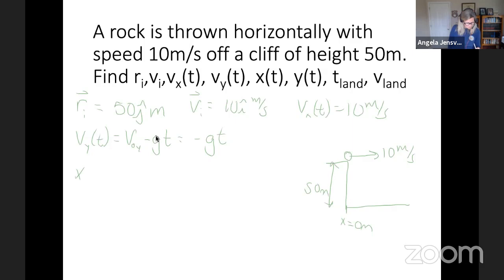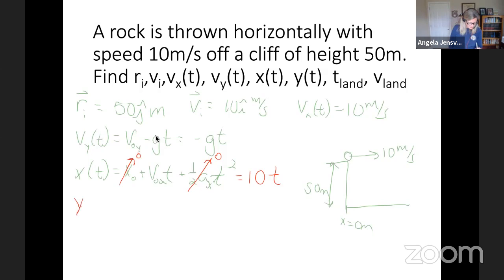Now, if you want an equation for the horizontal position at any time, you would use x naught plus v naught x t plus 1/2 a x t squared. But a x is 0, and x naught is 0, so you just get 10t. There's your function for the horizontal position.